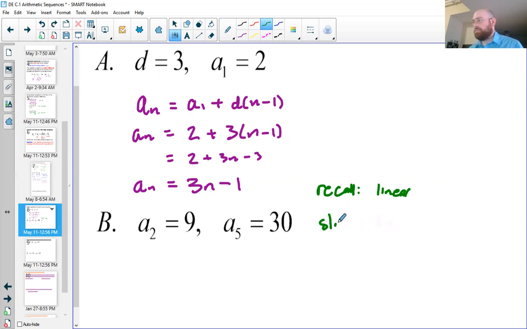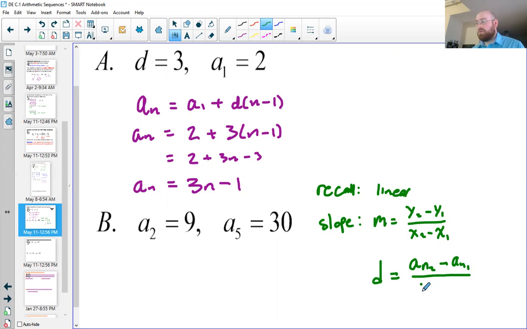So our slope formula is m equals y2 minus y1 over x2 minus x1. When we're looking for a common difference, we're going to have our common difference, and then we're going to have an sub 2 minus an sub 1 divided by n2 minus n1.